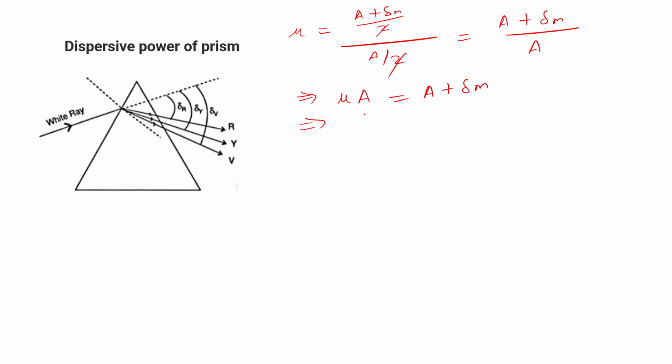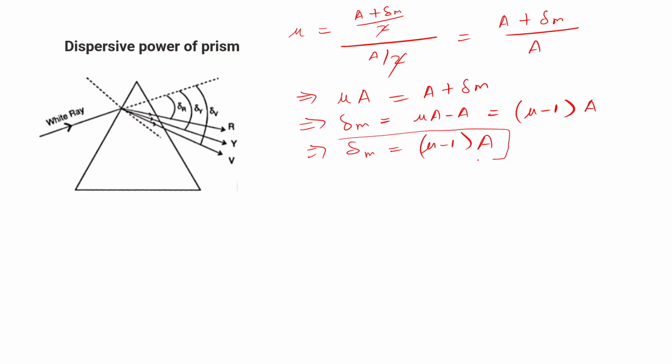Now from this, delta m will be mu A minus A, which will be (mu minus 1) A when I take common the angle of prism. Okay, so the relation between the angle of minimum deviation, refractive index, and angle of prism, we get something like this.